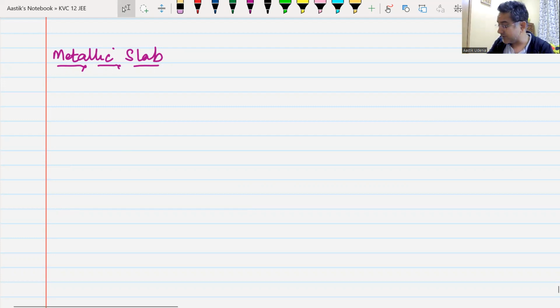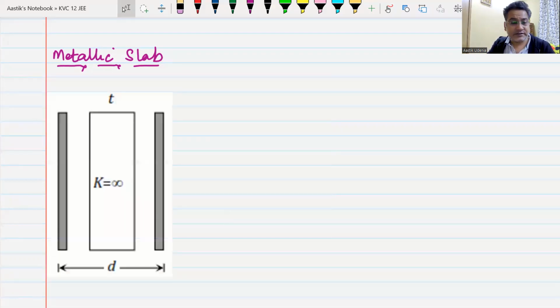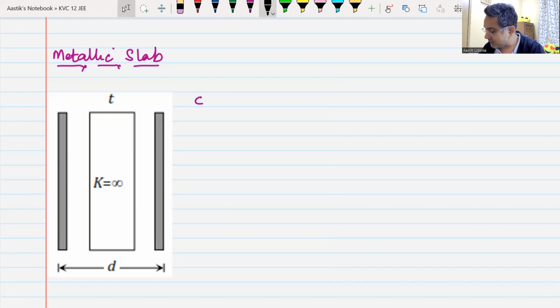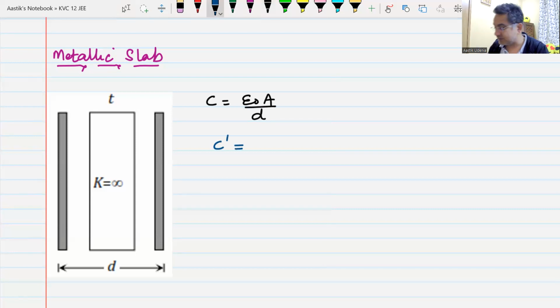In case number one, I have inserted a slab of metal whose thickness is T. Now, if I call the original capacitance C equals epsilon naught A by D, what would be the new capacitance C dash?